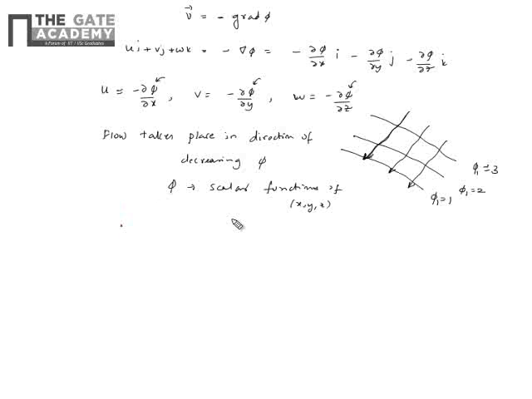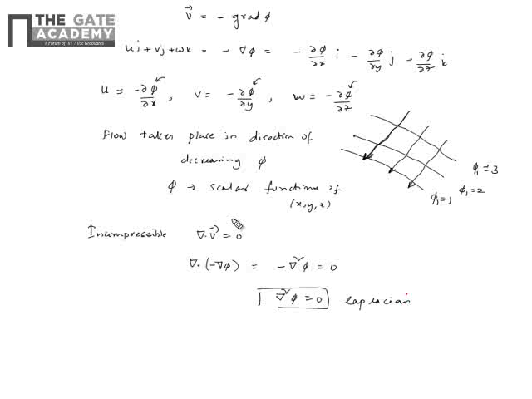Now for incompressible flow, we already saw that the divergence of the velocity vector has to be 0, and the velocity vector for irrotational flow is nothing but minus del of phi. So this is minus del square phi equal to 0, or del square phi is equal to 0. So you get the Laplace equation for an incompressible flow.